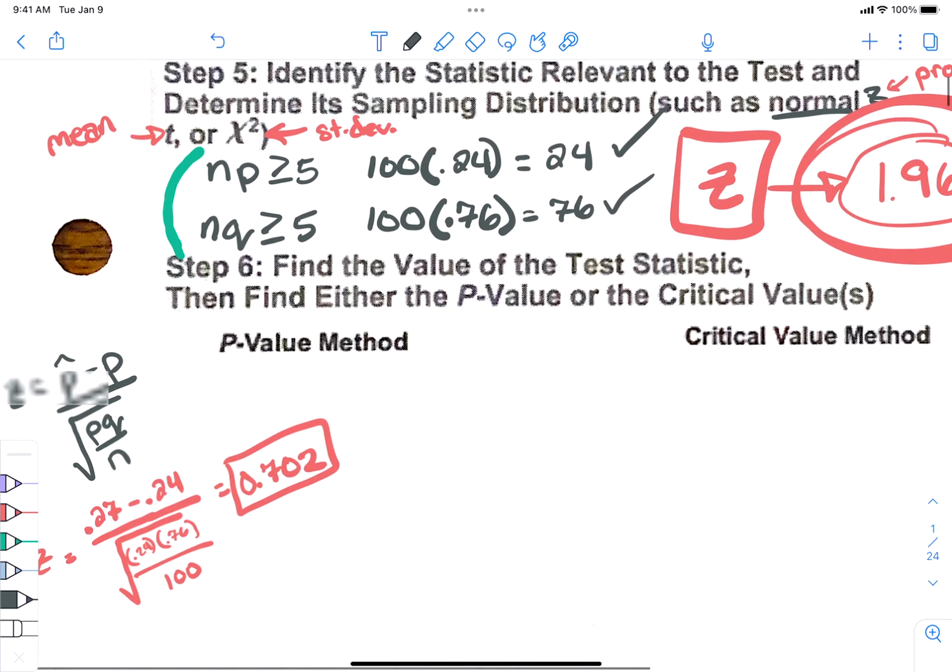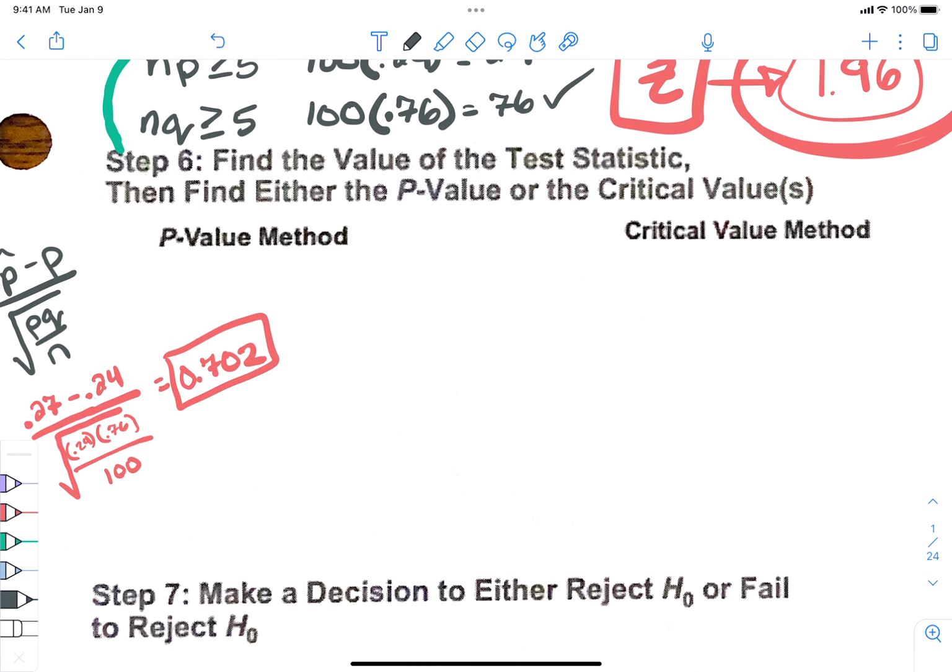Now here's the deal. I'm going to do this two different ways, and you have to learn both because sometimes it's easier to do one versus the other. There is a p-value method, and then there's a critical value method, okay? I like the critical value method, but for some reason last year when I taught this, the majority of everybody else liked the p-value method. So I'm going to show you both, and you can decide which one you like, but you have to know both.